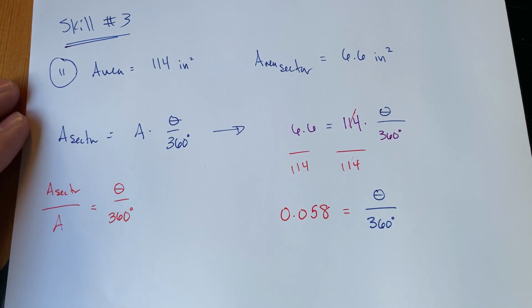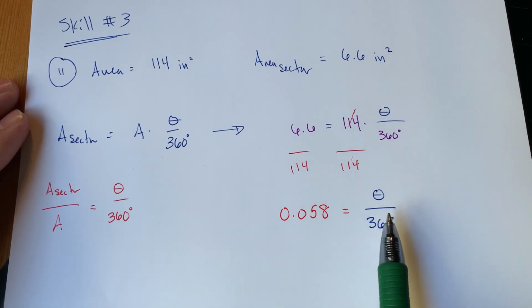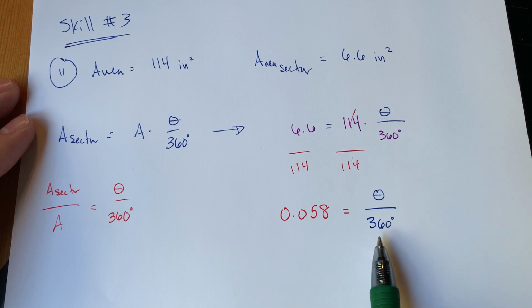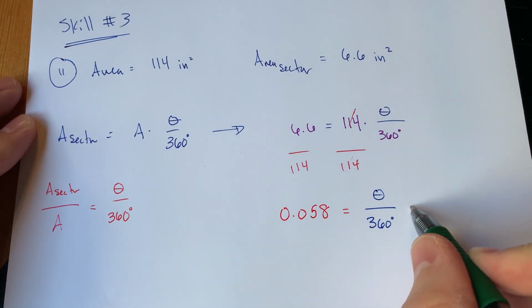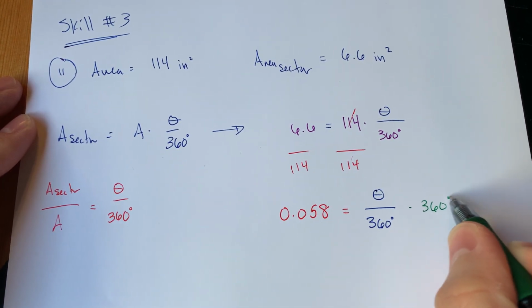How am I going to get rid of this 360 from the bottom? Well, I don't have a number here to divide, right? So I need to move this over, which means I'm going to cross multiply. I should multiply both sides by 360.